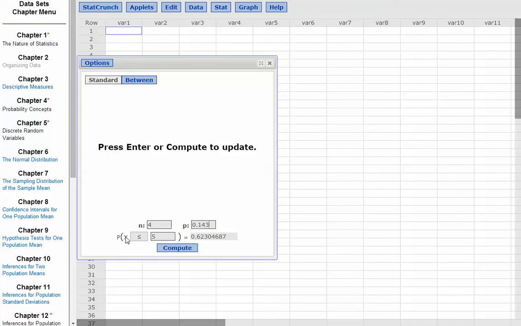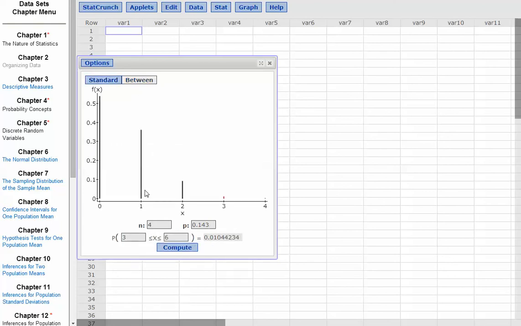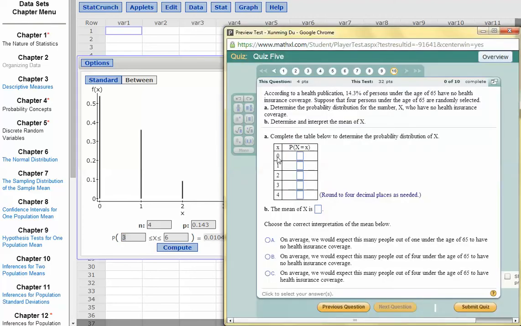So what you want to do is click on Between, and then from 0 to 4. The first one we want to fill in is X equals 0. How are we going to calculate that? X equals 0, 1, 2, 3, 4.